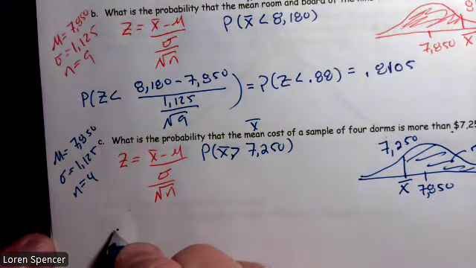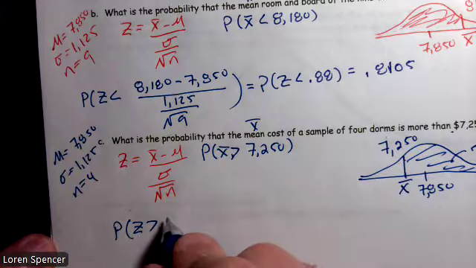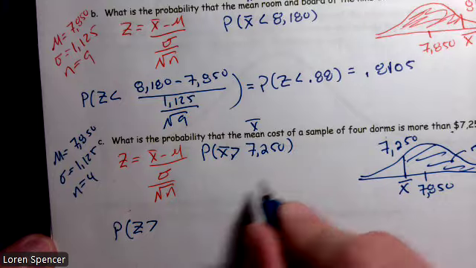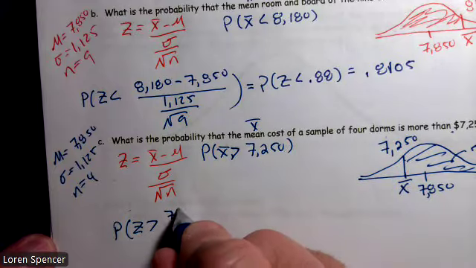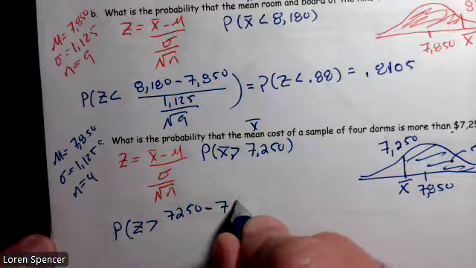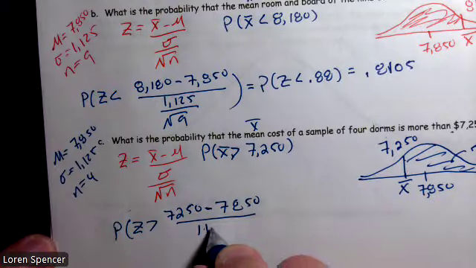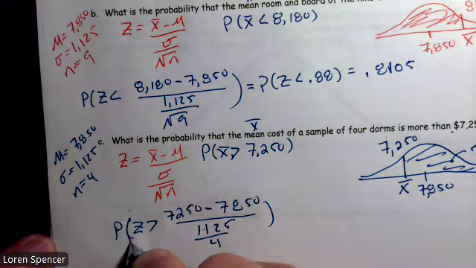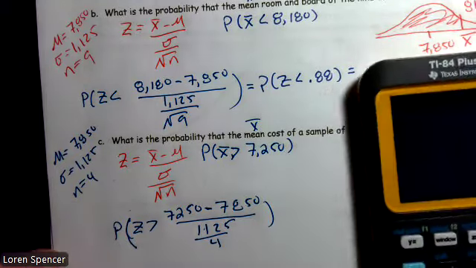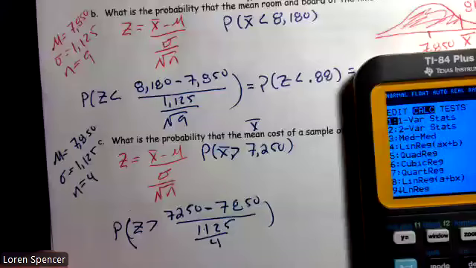So we want the probability that Z is greater than 7,250 minus 7,850 over 1125 divided by the square root of 4.